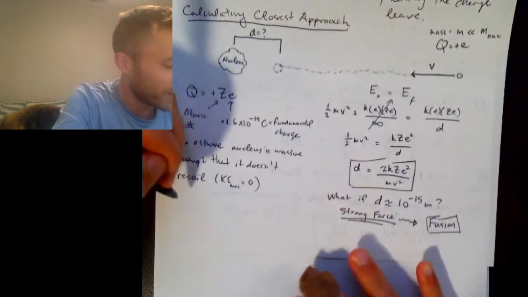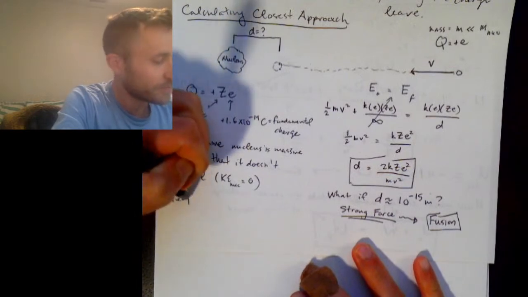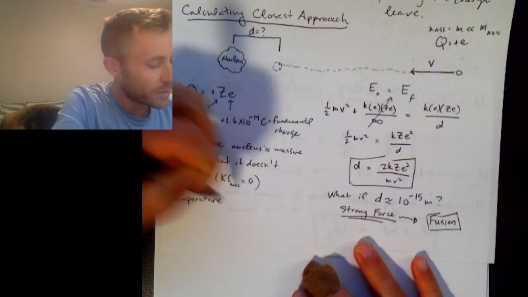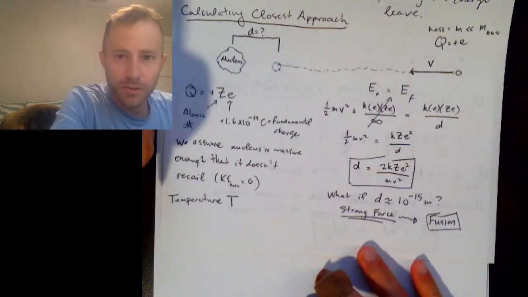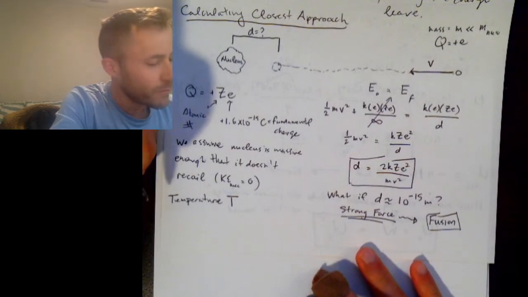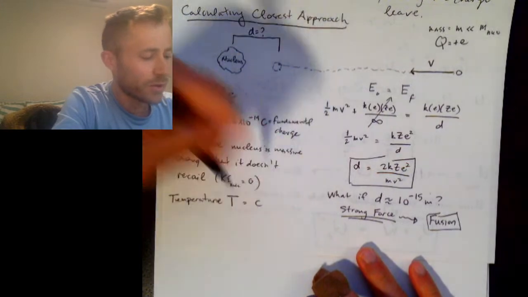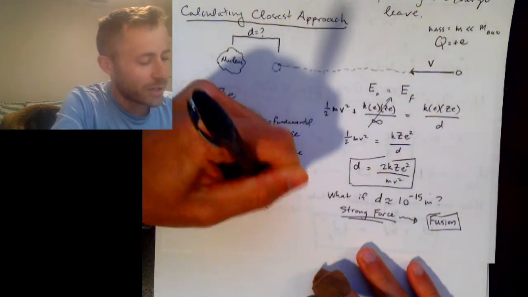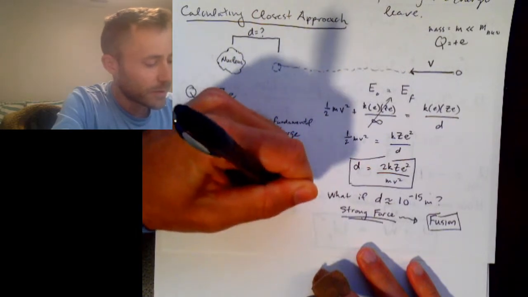And it turns out that temperature T is equal to a constant, which I'll call C, times the average kinetic energy per particle.